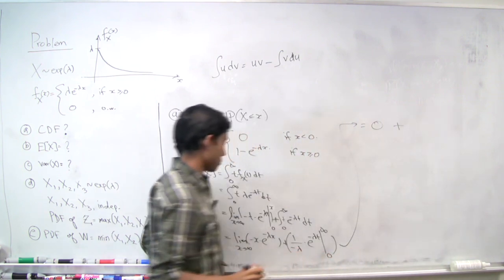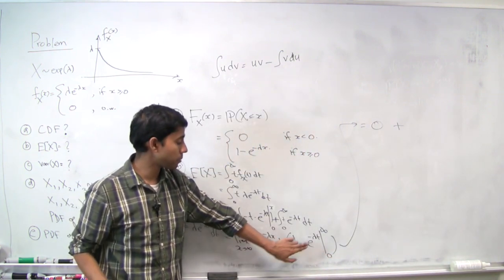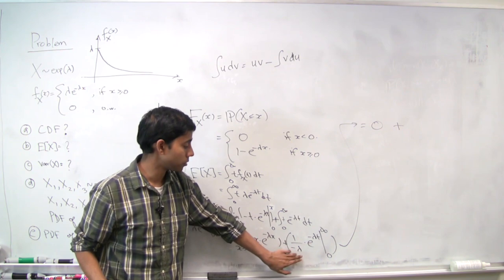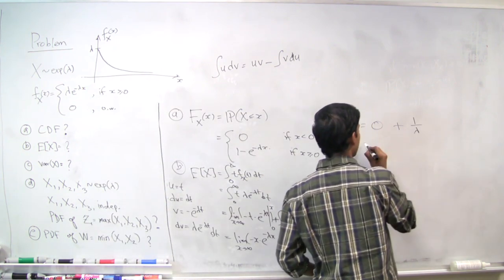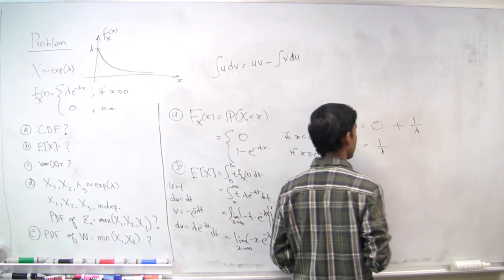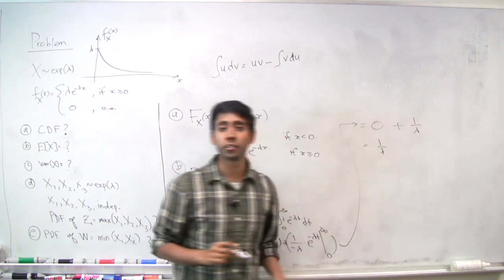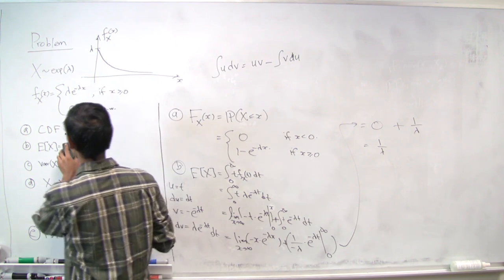For the second term, if you evaluate the bounds, the infinity makes this 0, and at 0 you're going to get 1 over lambda. So that's 1 over lambda. And so the expectation is 1 over lambda.